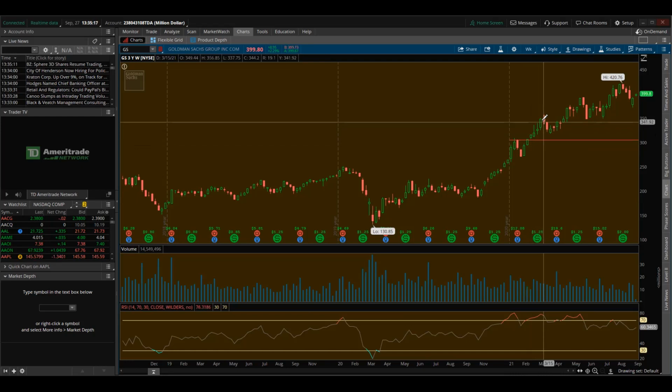Okay, so what's our next area? Right here. That area right there. And notice that I'm putting my resistance lines at the opening of the red candles. And I'm only marking resistance lines.